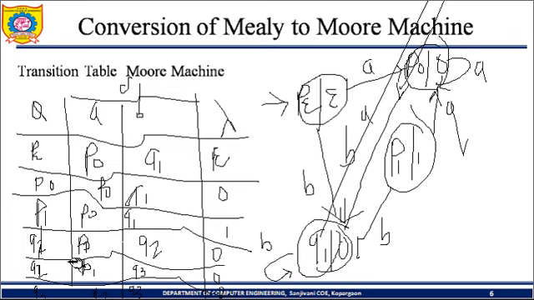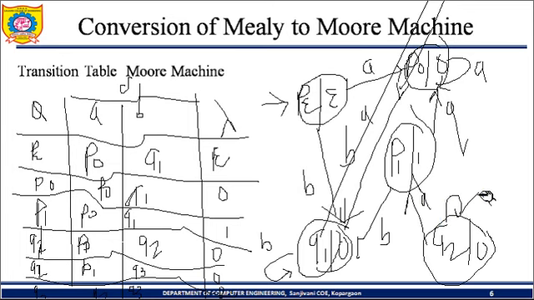In the same way, Q2 after receiving A goes to P1. Q2 has output 0, so the output is associated with the transition, and we need to draw it like this. Q2 after receiving A will be in P1. After receiving B, sorry, it is in Q3.